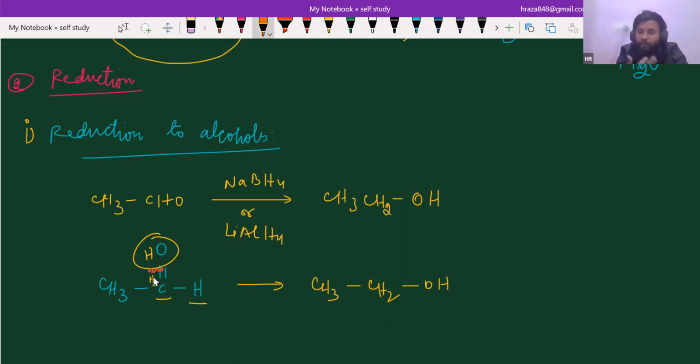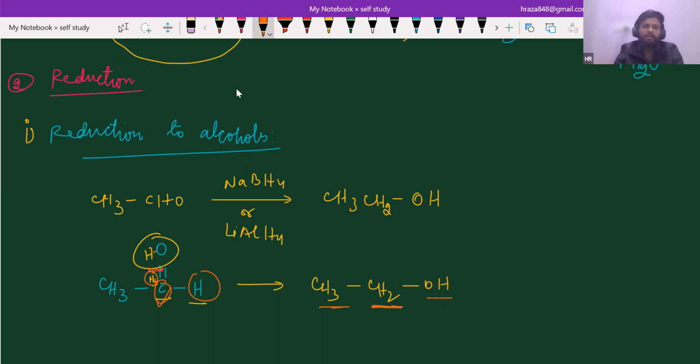Since we just broke one bond, now we have one free valency on carbon. So we add hydrogen to this carbon and also add hydrogen to oxygen. Carbon already had a hydrogen and we just added another, so we now have CH2. CH3 was there, and then it becomes CH2 and then OH. Is that clear? Yes, sir.